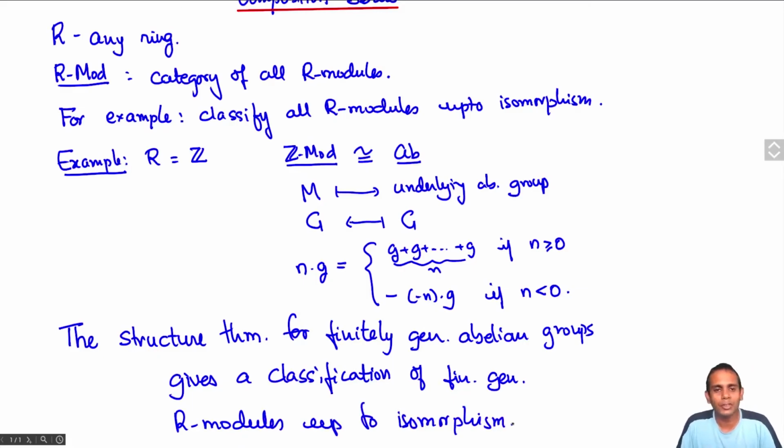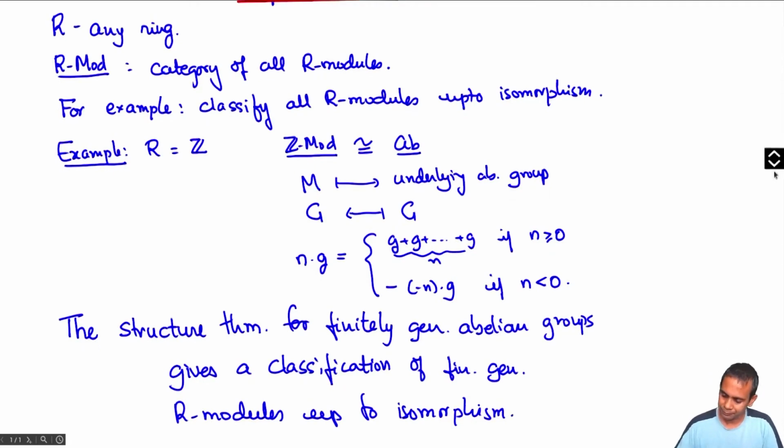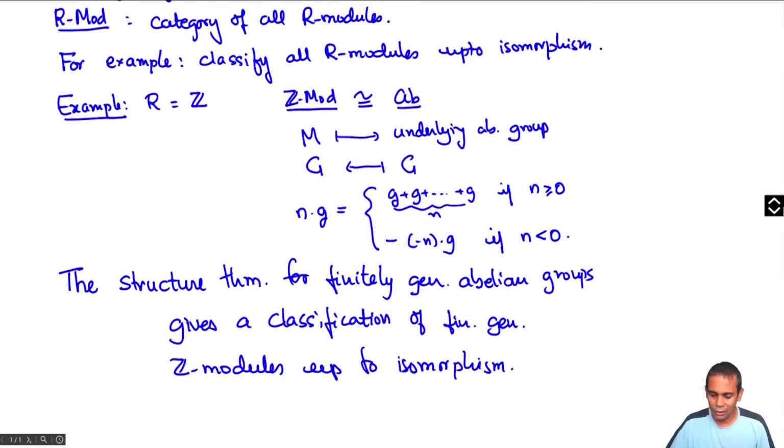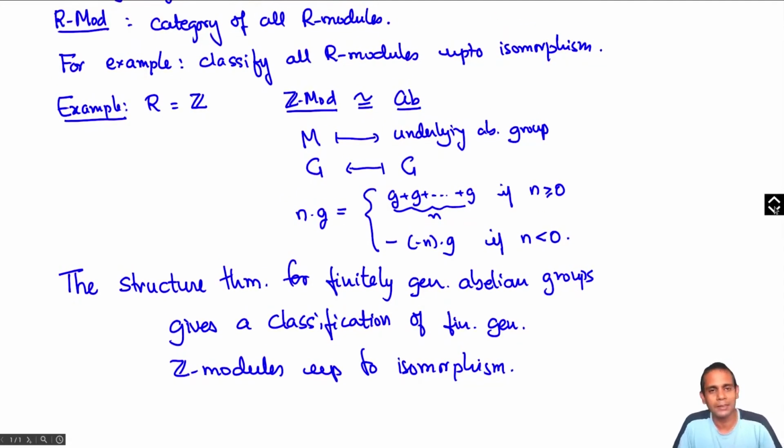However, it turns out that if you remove this condition of finitely generated, then the classification is not known in general. We do not know how to classify all abelian groups up to isomorphism. In Algebra 1, we did the classification of finitely generated R-modules for any PID R. And in some sense, that tells us a lot about the category of R-modules when R is a PID.